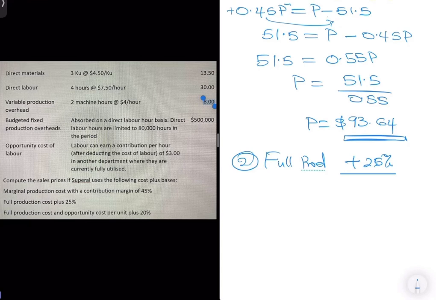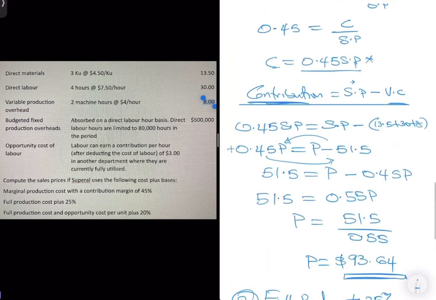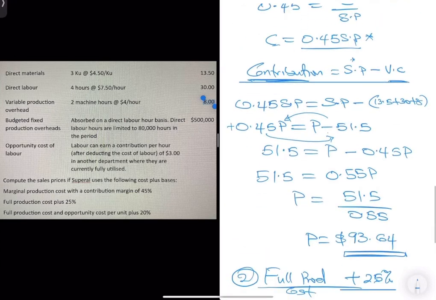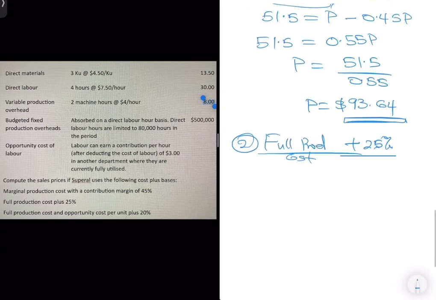Once you see cost plus, it is a markup. So full production cost plus is a markup, and the third one, full production cost and opportunity cost plus, is also a markup. But if they give you a margin, it means you have to walk back the way we've done it. Try to get either the profit first, then walk back to the cost, or if it's contribution margin, you can link the equation the way I've linked it. I'm going to even add more scenarios to this, which you will do.